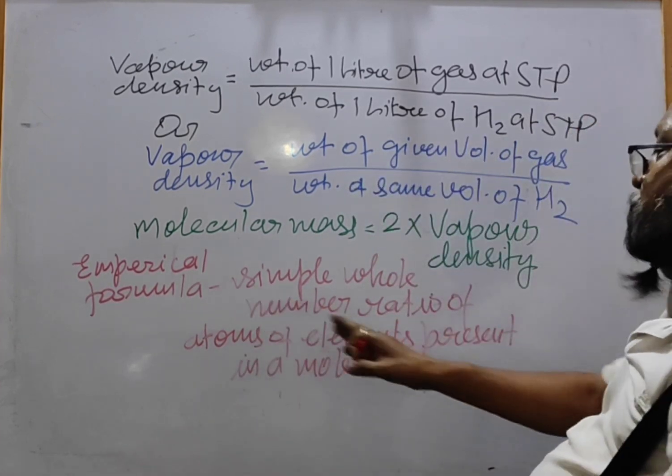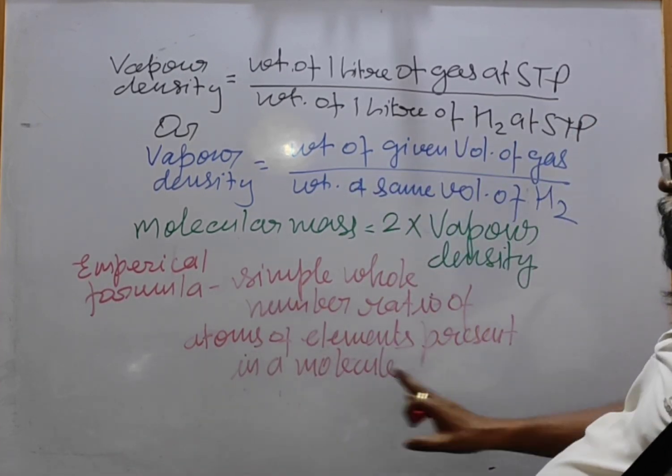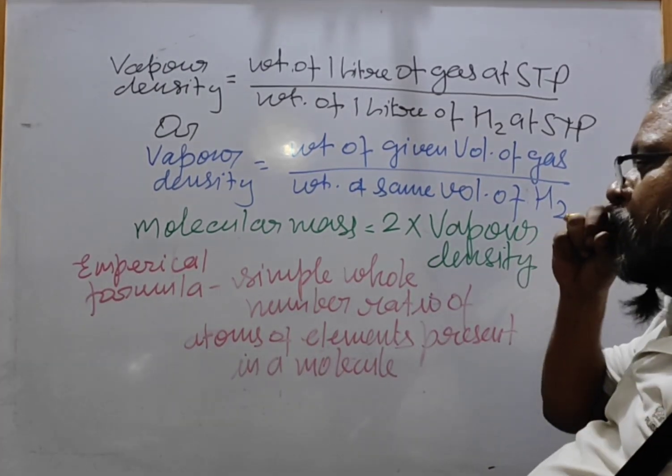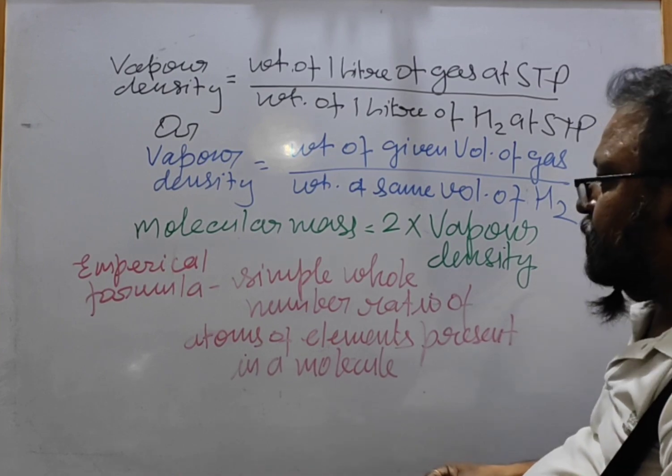It is simple whole number ratio of atoms of elements present in a molecule. That is empirical formula, right?